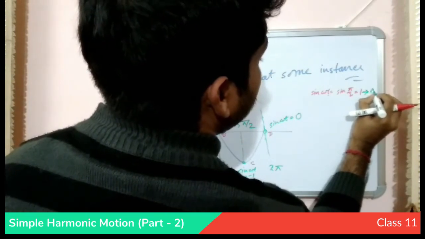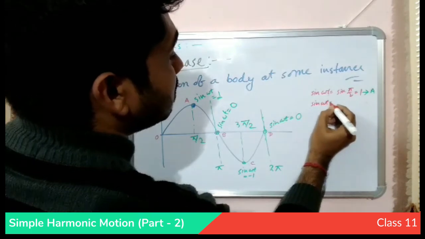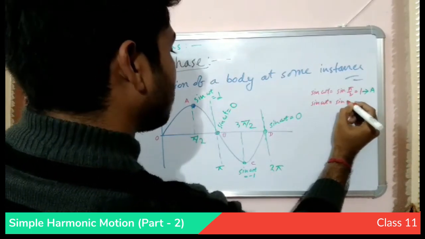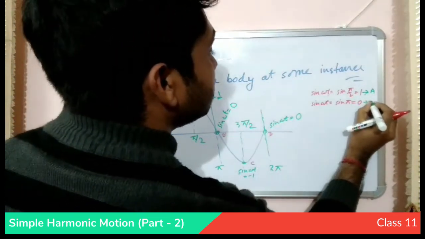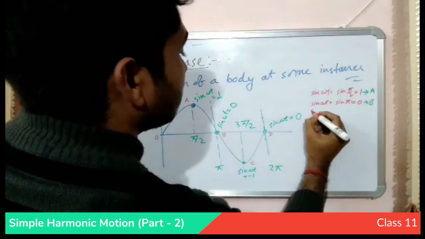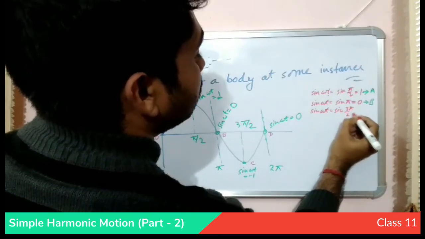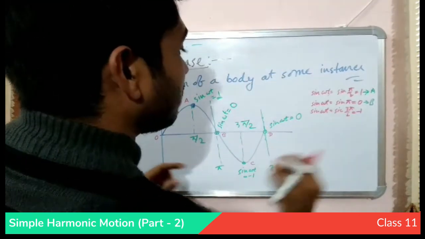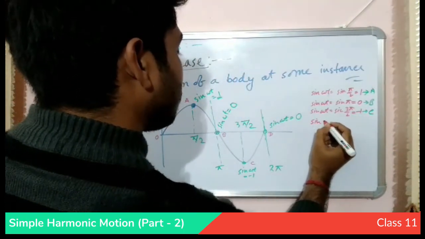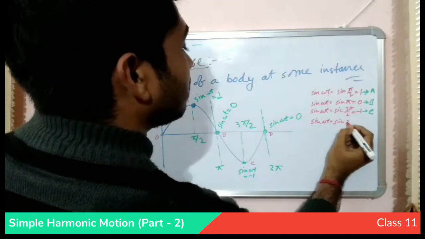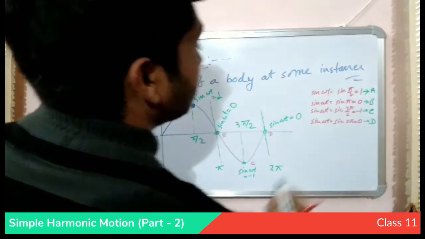Again sin omega t is equal to sin pi, this is 0. This is the B phase. Sin omega t is equal to sin 3 pi by 2, this is minus 1. This is the C phase, and sin omega t is equal to sin 2 pi, this is again 0. This is our D phase.